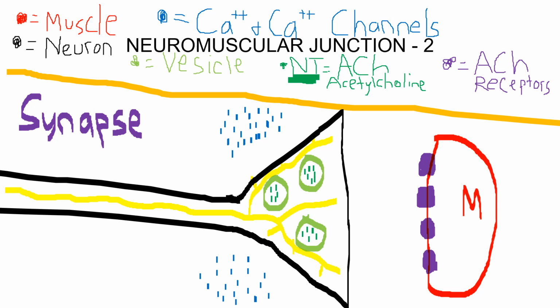All right, so what's going to happen is those protein channels are going to open, and what's going to travel in? Those protein channels were sensitive to calcium. They were keeping all the calcium out. So all of that calcium is going to flood the axon terminal or the nerve cell.